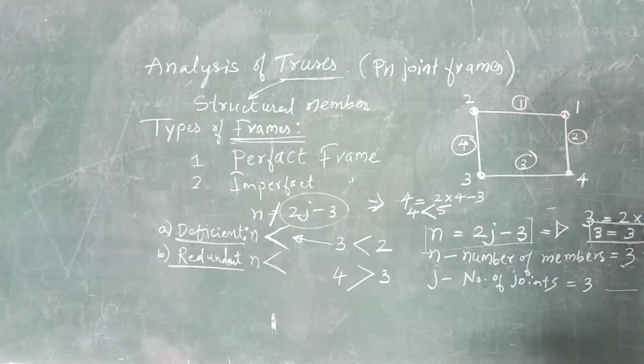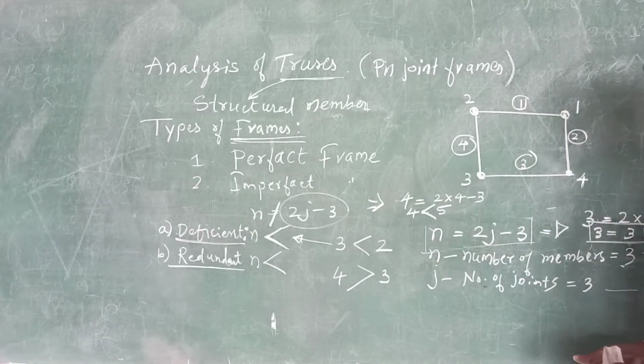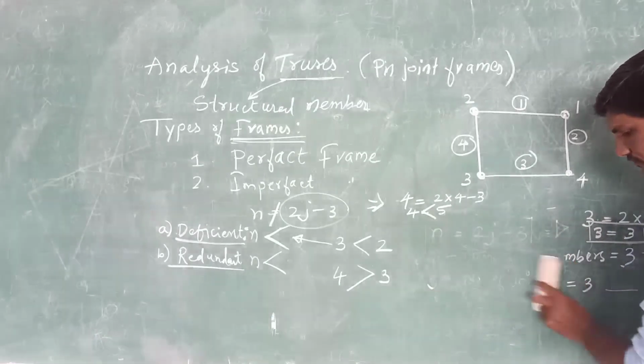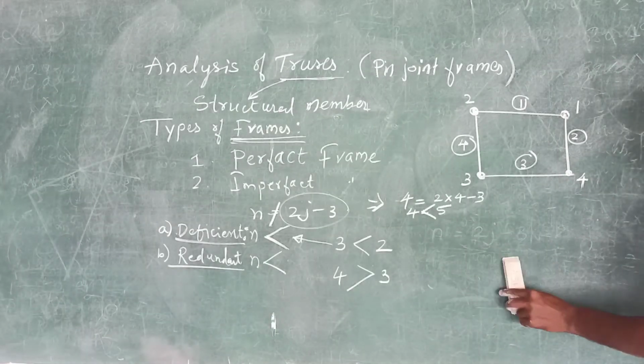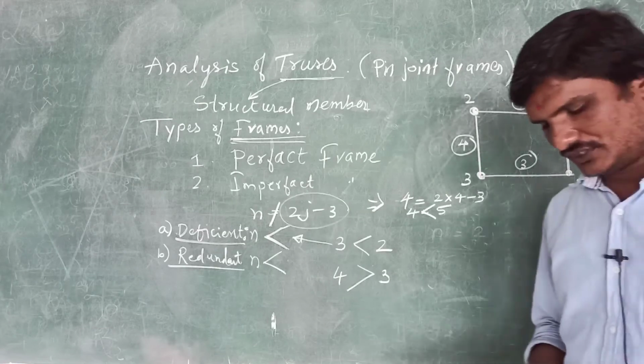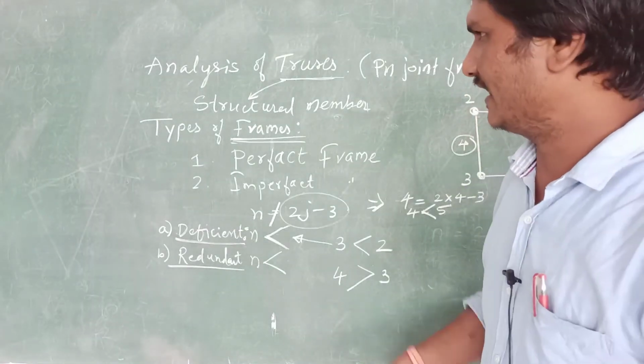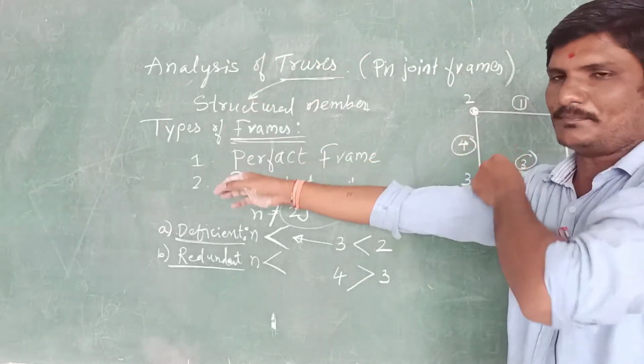After that, what are the assumptions in the perfect frames? What do you have to assume while analyzing the trusses or the pin frames?